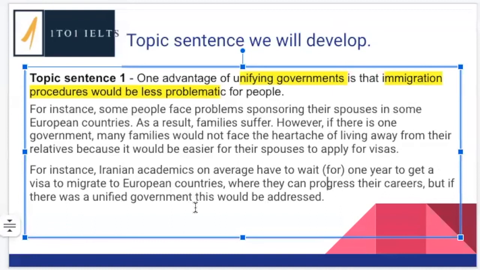So let me read again. Iranian academics on average have to wait 1 year to get a visa to migrate to European countries where they can progress their careers. But if there was a unified government, this would be addressed. And we'd want a comma here because you've got a conditional clause followed by an independent clause. So when the conditional clause comes before the independent clause, you put the comma.